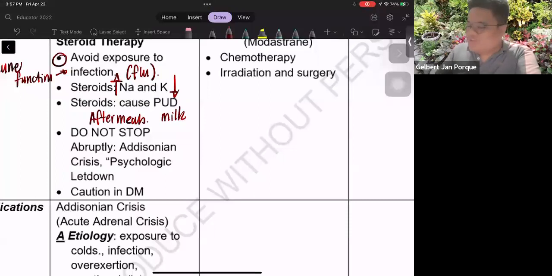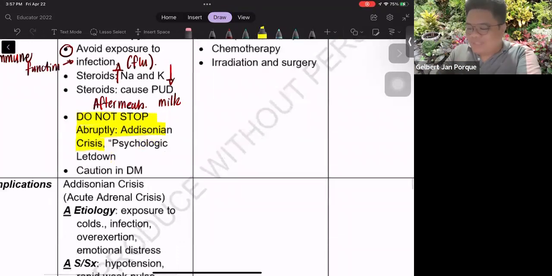And then ara na naman ang education, do not stop abruptly because of the risk for Addisonian crisis. And then class, there is what we refer to as psychologic letdown, meaning class nag-decrease ang function niya pag stop abruptly. And then class, steroids, caution also in diabetes.